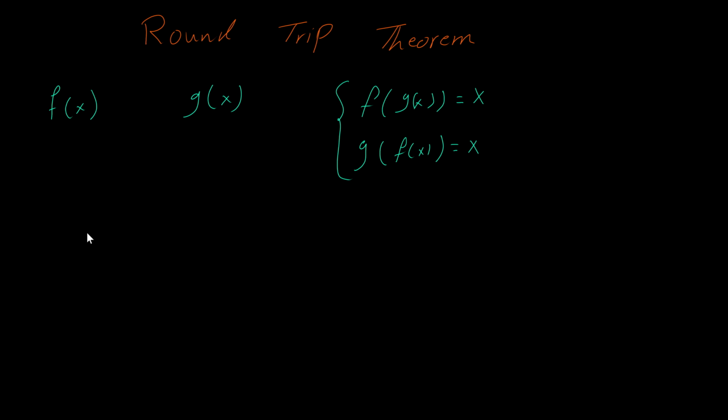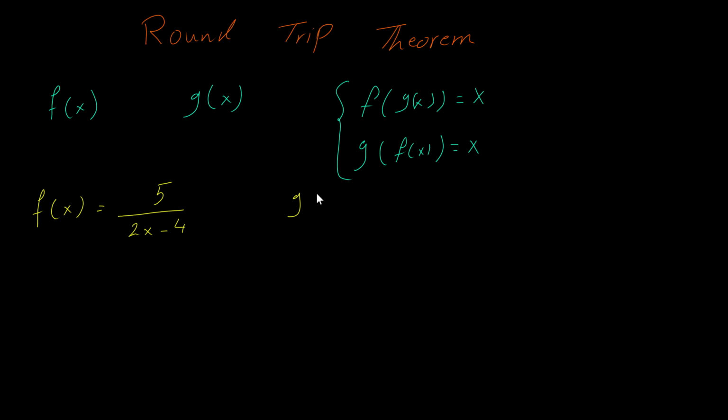Now we will go through one example to see if this actually works. Let's say we have the function f of x is equal to 5 over 2x minus 4.